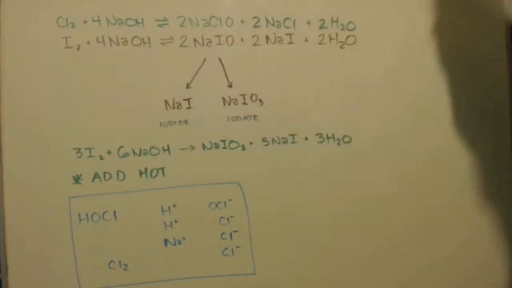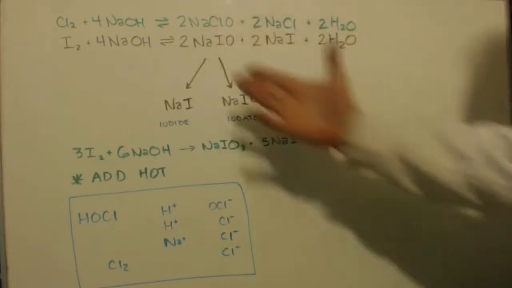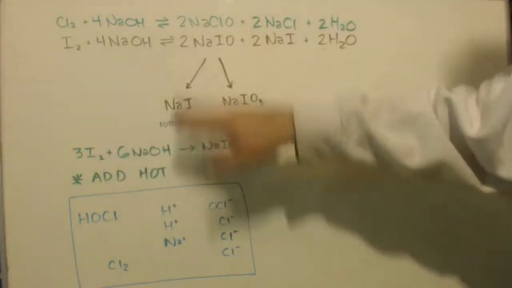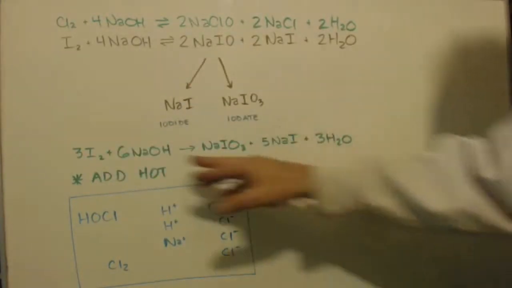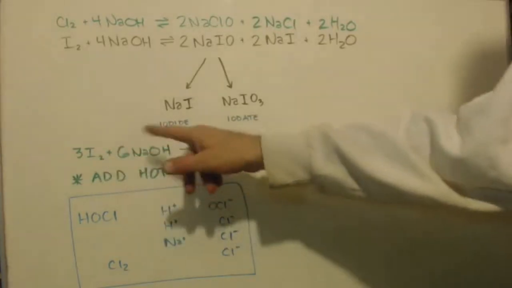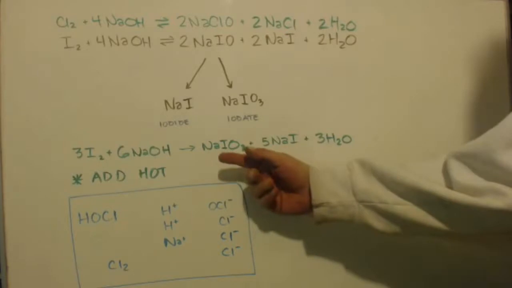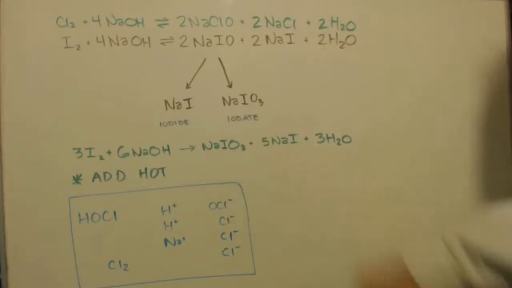But here, it's easier to disproportionate. This is going to happen naturally. You don't even have to boil it. If you wanted to just make the iodate, you would just take the iodine, put it into hot sodium hydroxide, and it would just come out already disproportionated.